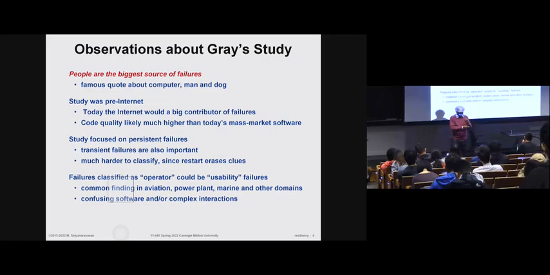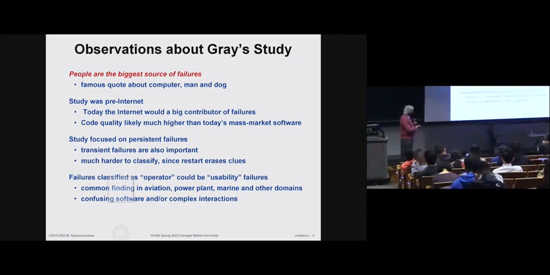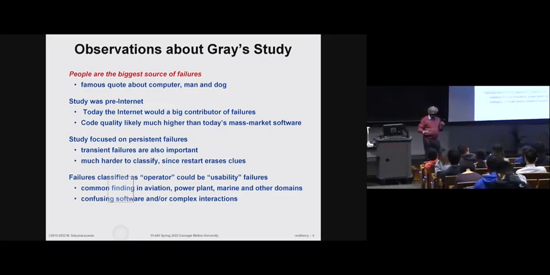The answer, in many, many cases, is that what is called operator failure is very often because the system is confusing to administer. And so what we call operator failure is actually a usability failure on the part of the designer.